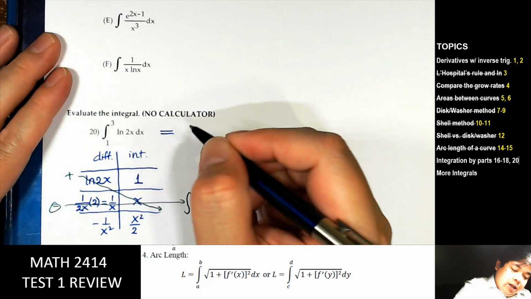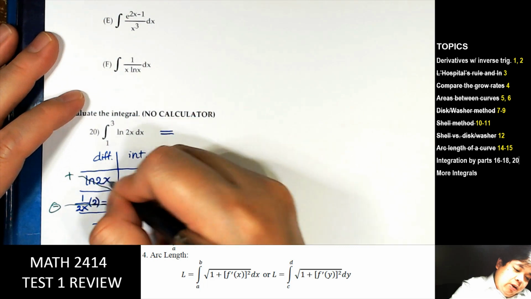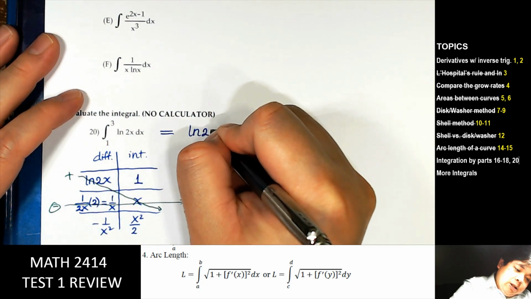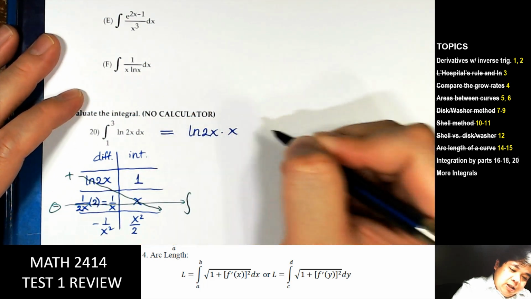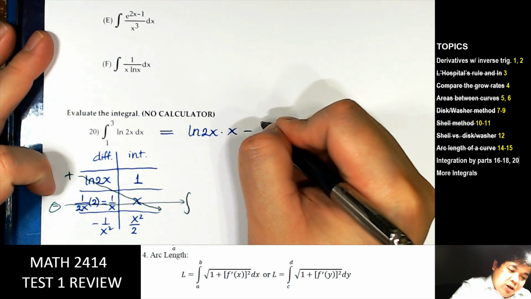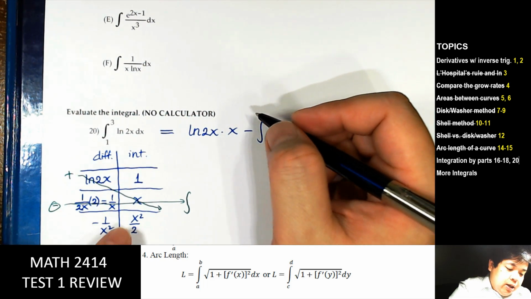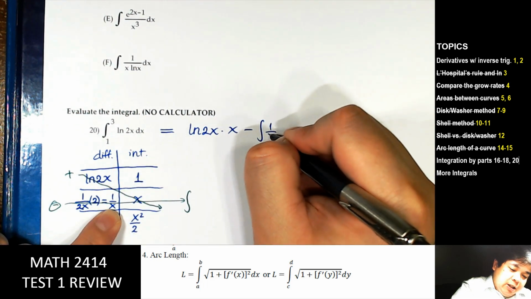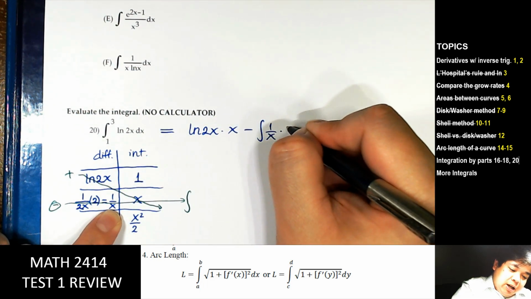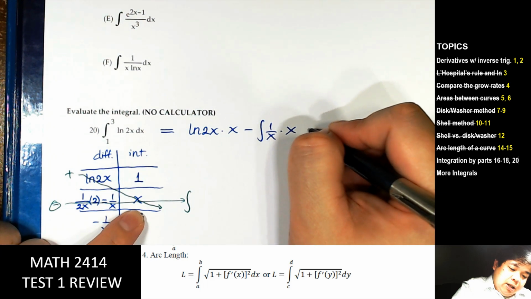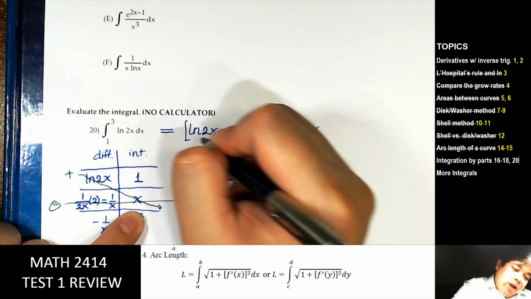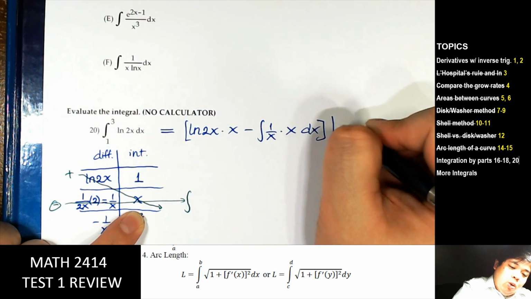So that will be x times ln of 2x minus the integral of 1 over x times x dx. Whatever we have, evaluate from 1 to 3.